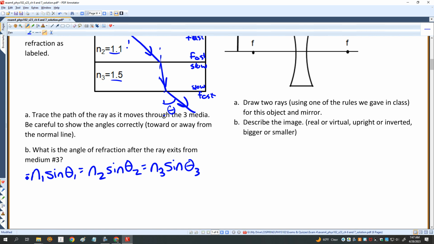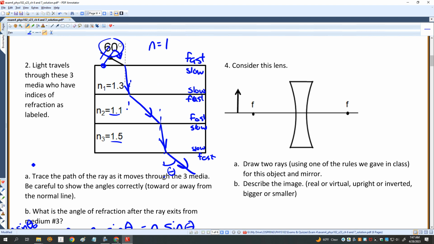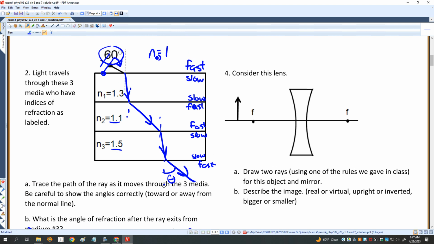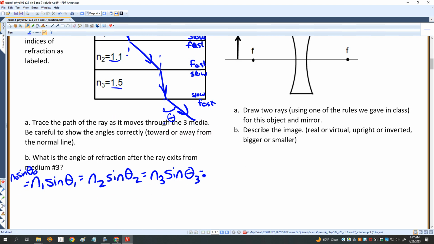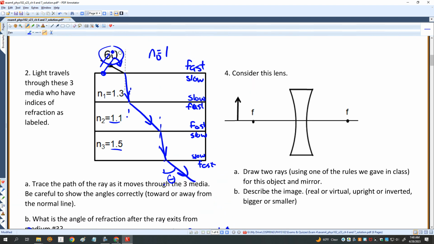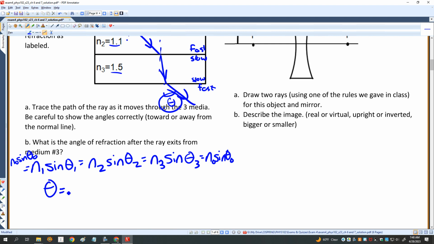I could also say that n0 sine theta 0 is equal to n1 sine theta 1. So whatever the index of refraction is, that is what my exit angle is going to be. If I'm moving from an n equal 1 to an n equal 1, then the angle theta would be equal to 60 degrees.